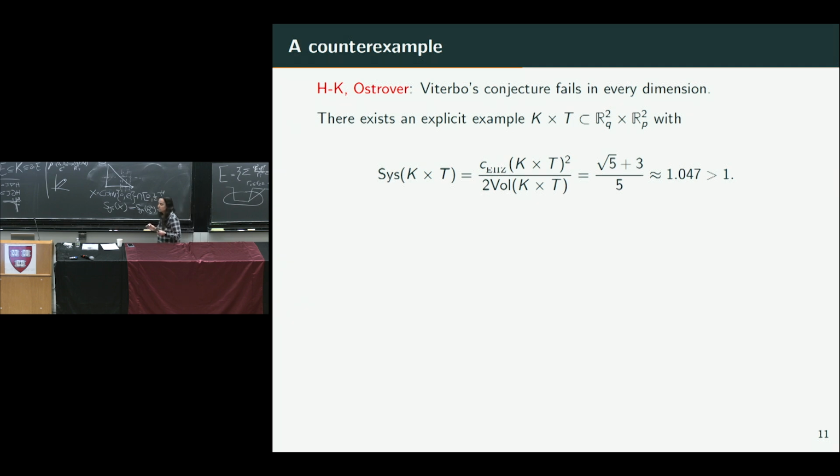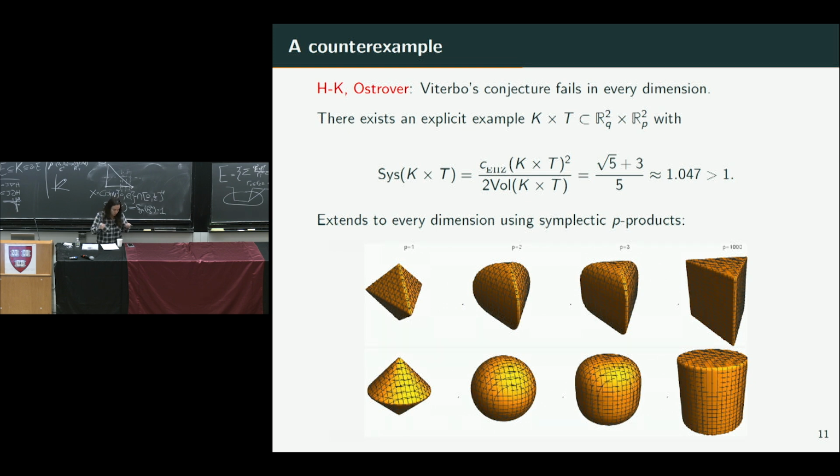And one could take this to be a counterexample in any dimension using some tensor power trick. But a bit more delicately, so instead of using the usual product, one needs to use something called p-products. So I guess it's best explained by the picture.